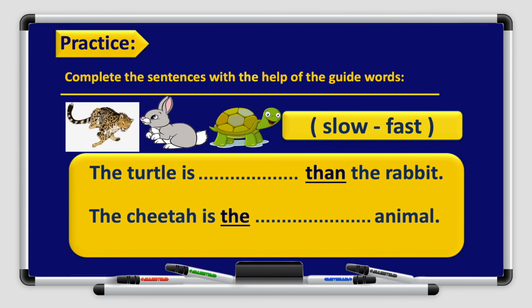Now, let's have a practice. Complete the sentence with the help of the guide words. Take a look at the pictures, read the words, and try to complete your sentences. We have slow, fast. I'm going to read the sentences for you.